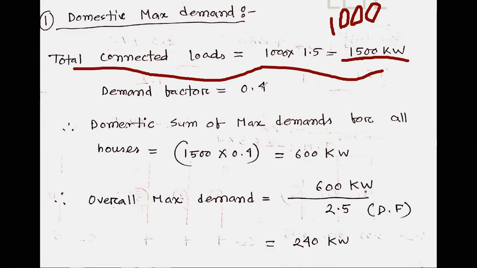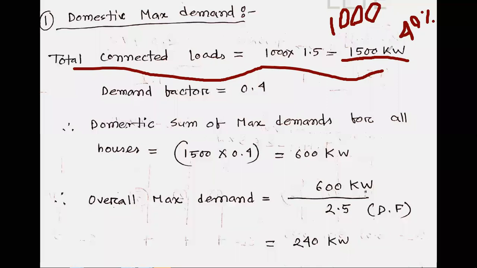But the demand factor is only 0.4. Basically, they use maximum 40% of this power, only 40%. So we know that this 1500 is every individual connected load.